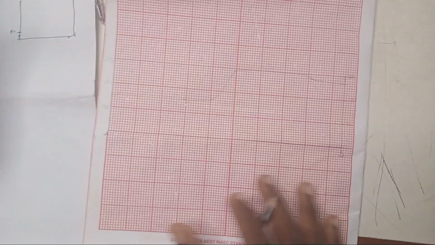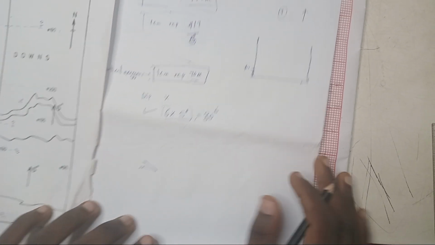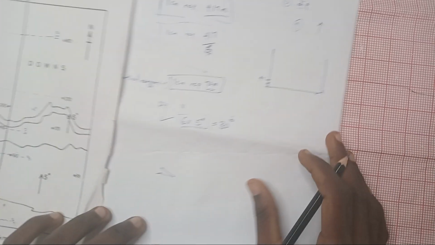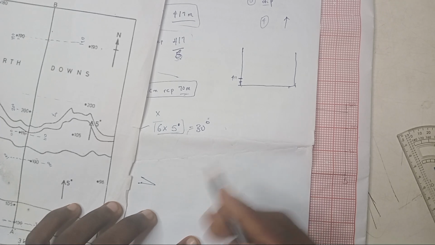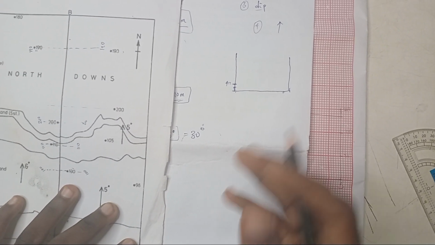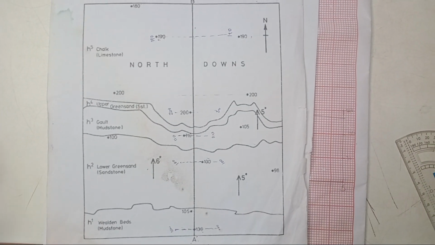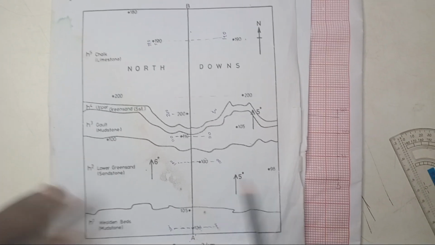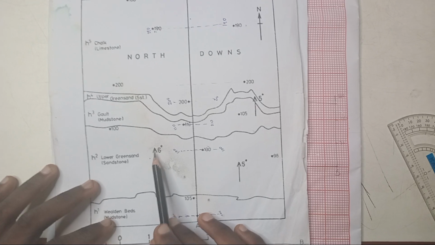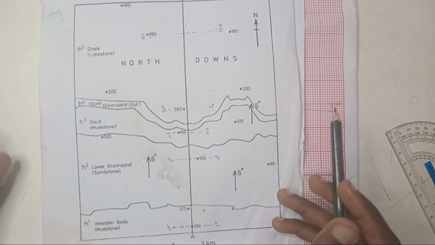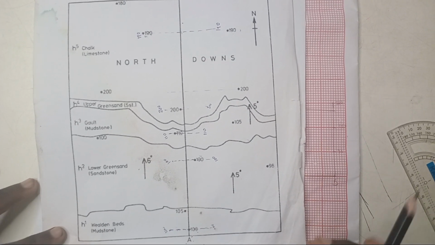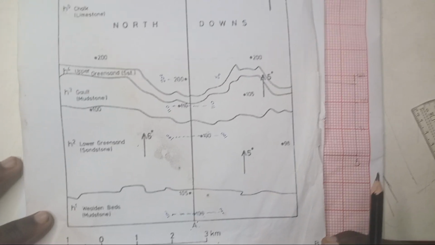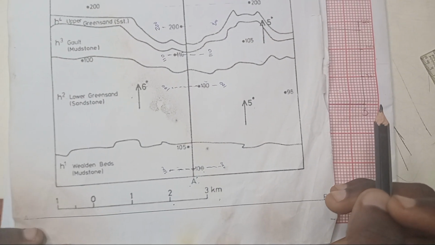So now, one of the things that I'm going to explain before we continue with our map, we have done topography, okay, is a direction. Where is it dipping to? You can see that in this question, typically, all the beds are dipping upward. But we don't say that kind of language in geological mapping. We don't say dipping upward or dipping downward or dipping north or dipping east or dipping west.